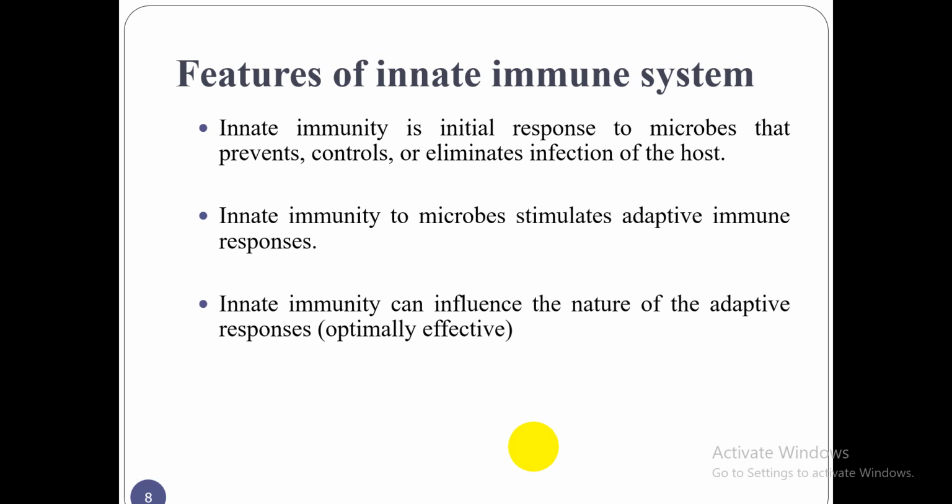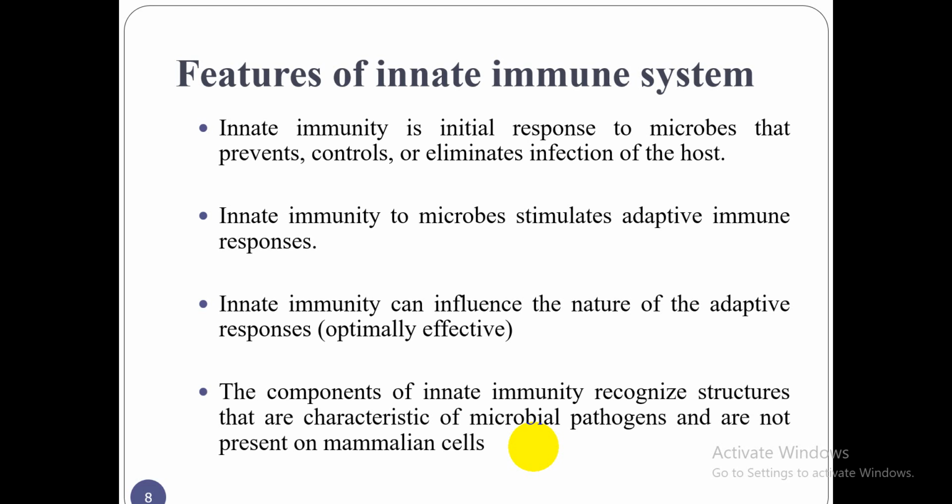Innate immunity can influence the nature of the adaptive response, the more effective response of adaptive immunity. And the components of the innate immunity recognize structures that are characteristic of microbial pathogens, and these structures are not present on mammalian cells.